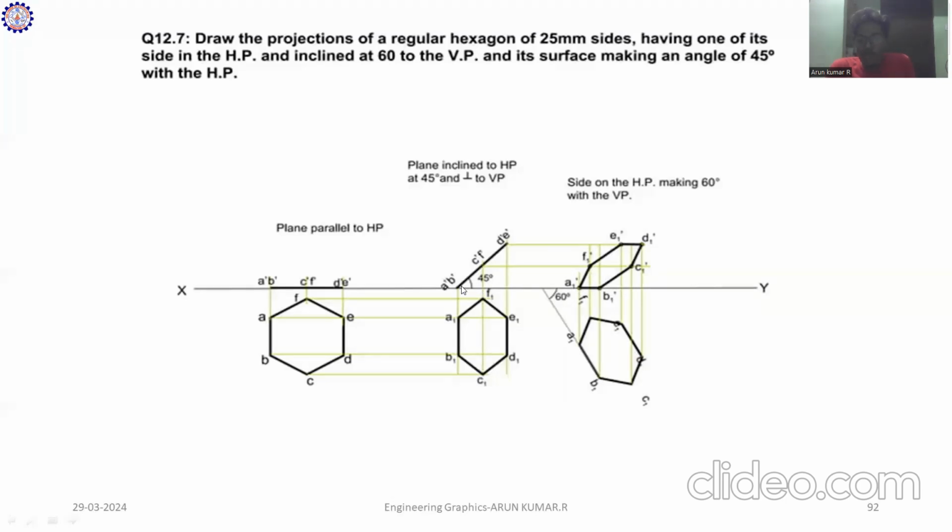A joins with A1 dash, B with B1 dash, C with C1 dash, F dash with F1 dash, D dash with D1 dash, and E dash with E1 dash. After joining all the points, you get the final view of this condition. So this is the final view of this problem. Thank you.